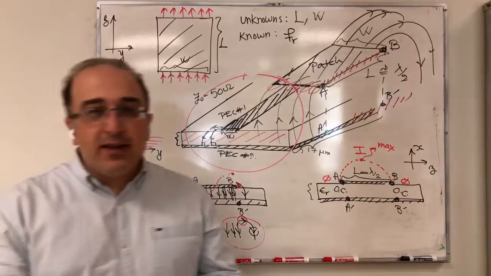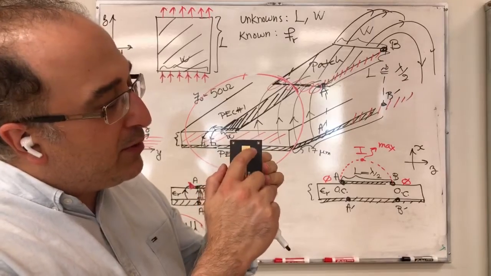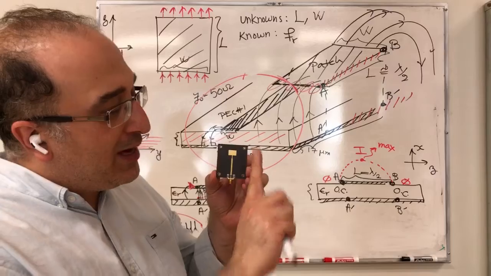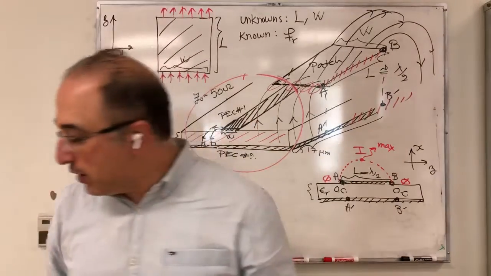So if I bring this patch antenna again, essentially I'm looking for the dimension of this rectangle, which is my patch. I want to know the length and the width in this direction. That's my focus.